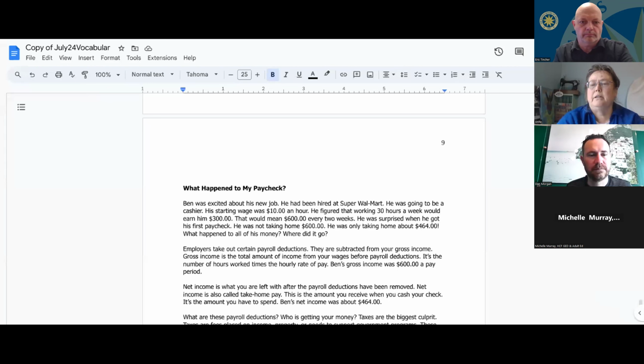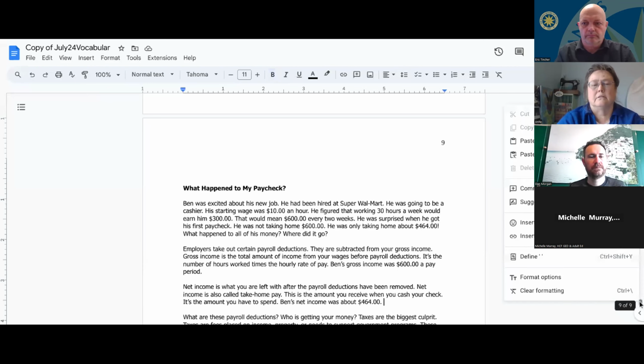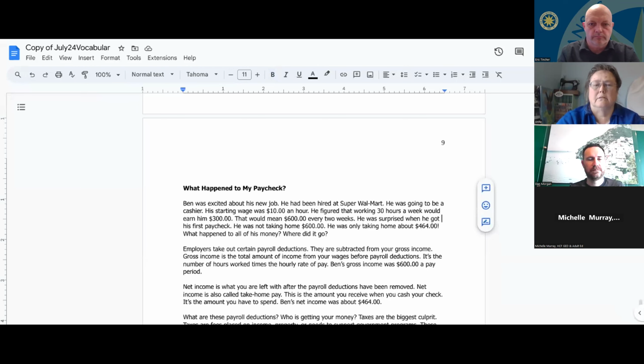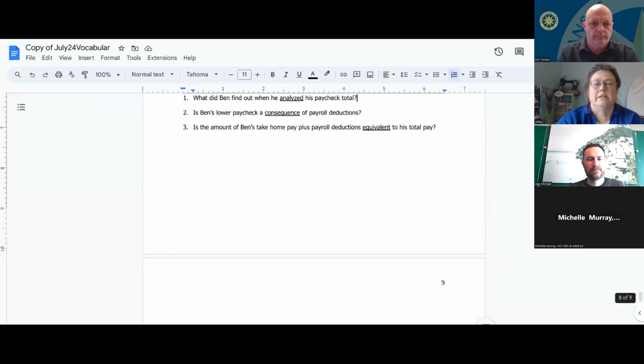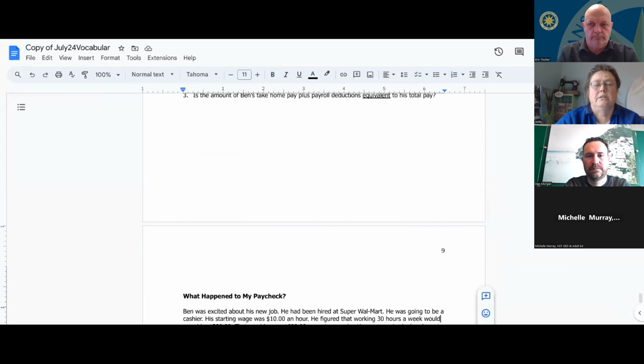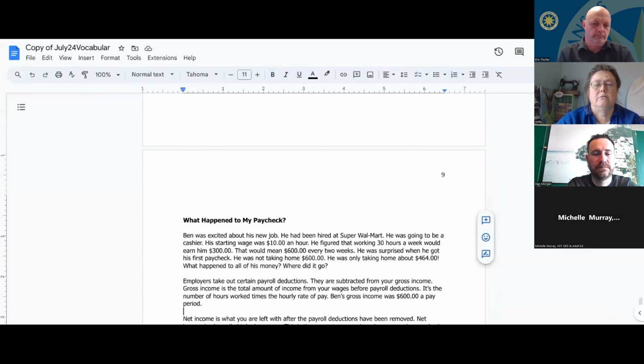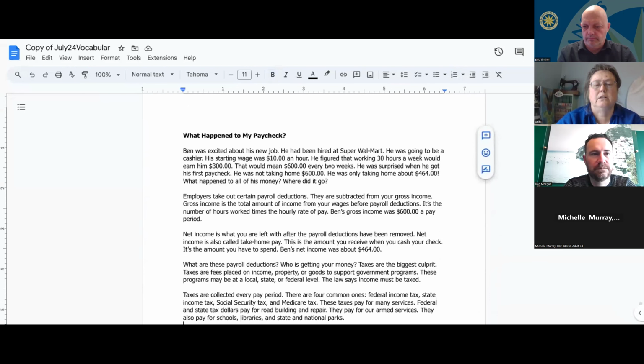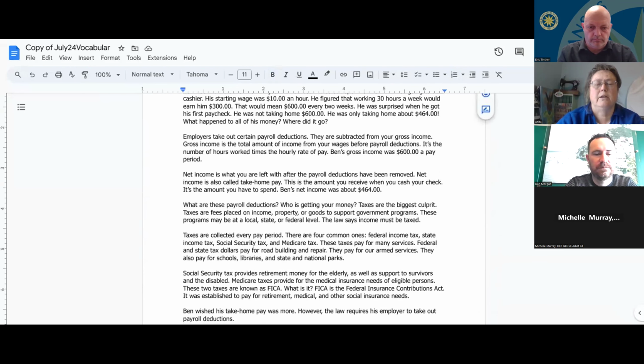So at the end of my vocabulary, yeah, this is the very end of my vocabulary, the read and respond. And then I just have a 1-page little fluency text. And honestly, for your lower grade levels, this is perfect. It's just 1 page of text, and it's on real world situations too. And so those texts come at the end of your vocab units too.